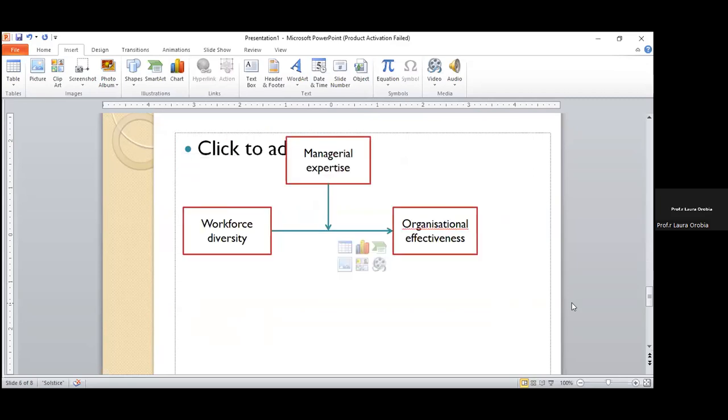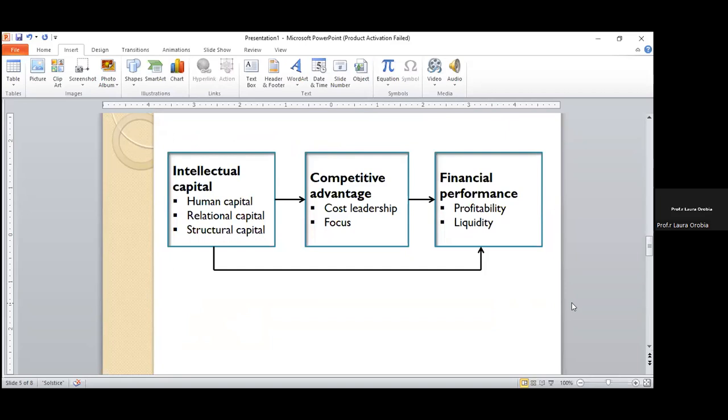All right, this is like the first one. What about this one? What do the arrows mean? Now here, I want to take you back to this. Do you see there's an arrow moving from intellectual capital to competitive advantage, then to financial performance? Competitive advantage in this particular conceptual framework is a mediating variable.